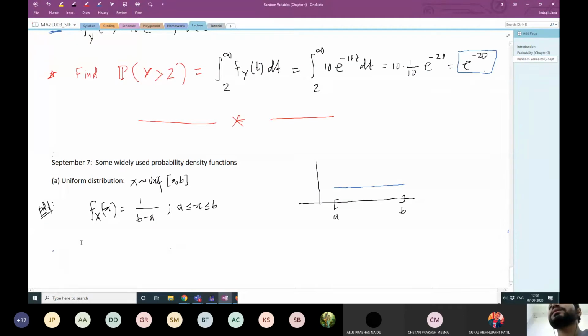The second one in the list is the exponential distribution. These are basically different examples of probability density functions. So let's say X follows exponential lambda, and this lambda is a parameter.